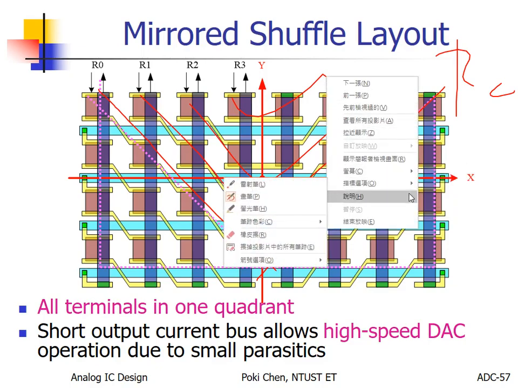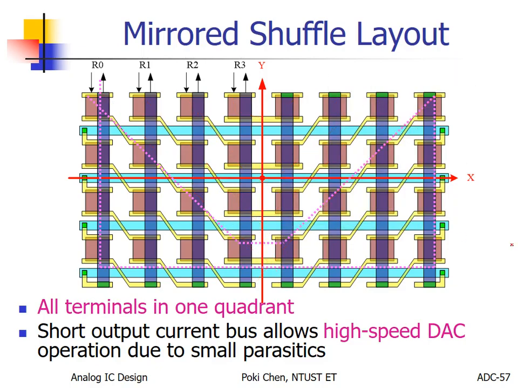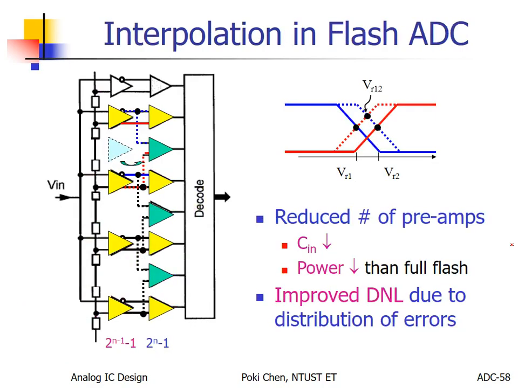To help you more, if you are interested, please read the paper by yourself. Because it is related to IC layout, but I don't have enough time to teach you everything for analog IC.